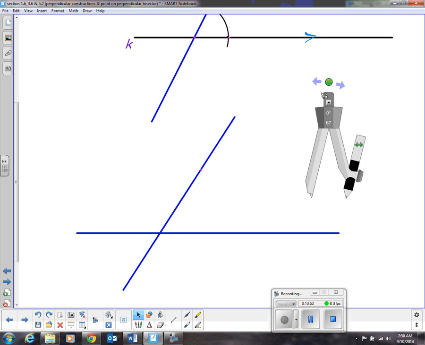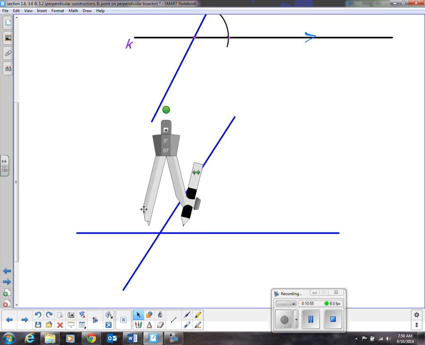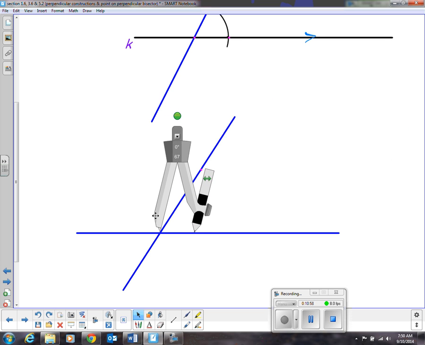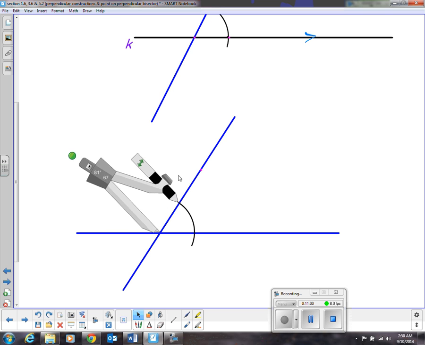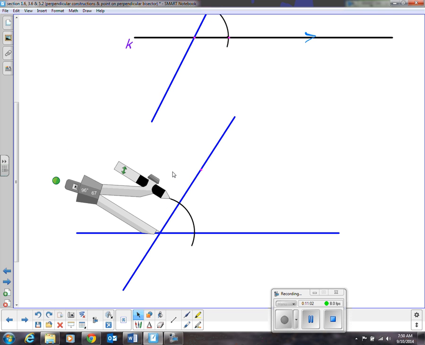And then we took our compass, we put it on this point of intersection, and we drew an arc. Now we're going to move our compass, leaving it the same.